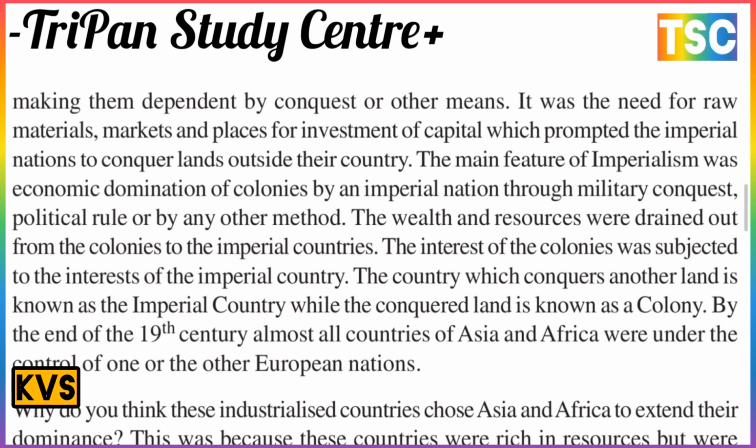The wealth and resources were taken from the colonies to the imperial countries. The interest of the colonies was subjected to the interest of the imperial country. The country which acquires another land is known as the imperial country, while the conquered land is known as the colony.